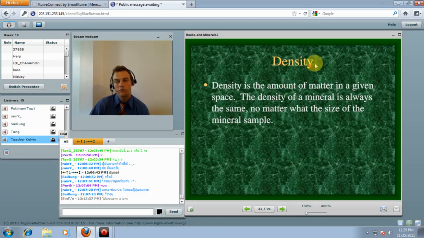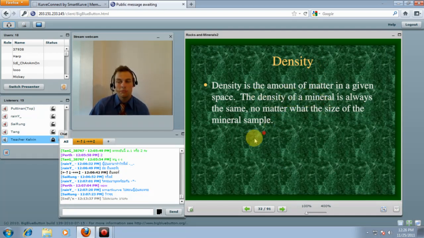It's kind of tempting to say that density is the same as weight, but that's not true. It's just the amount of matter, or number of atoms, in a given space. So this is an important property of a mineral.